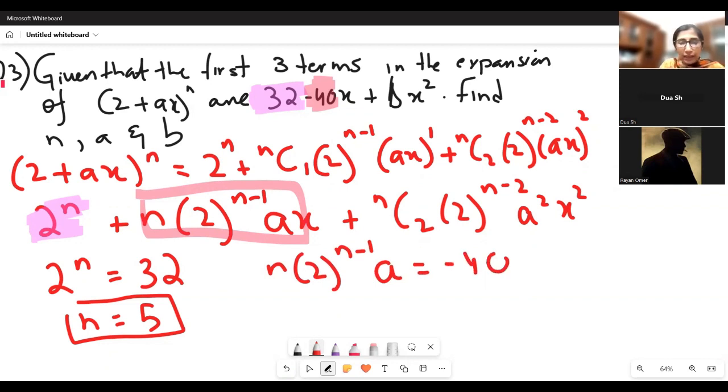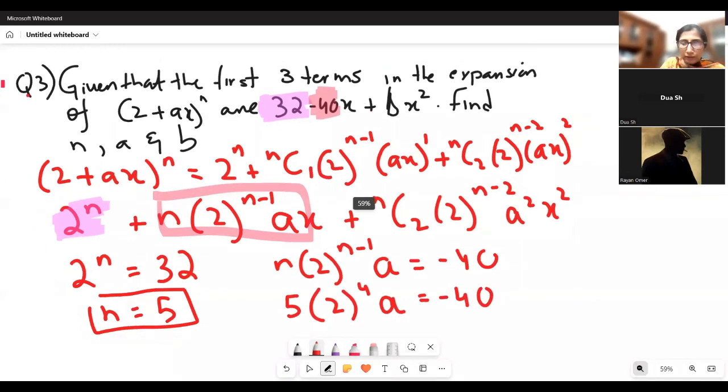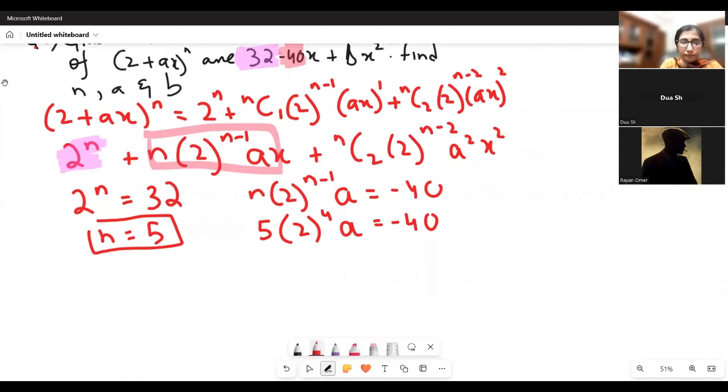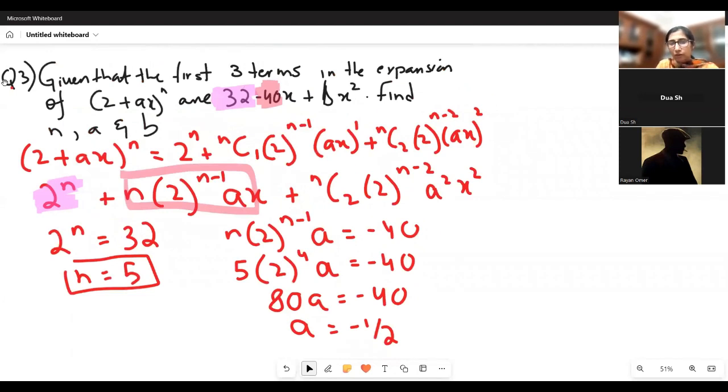We already know n is 5, so 5 times 2 power 4 times a equals minus 40. 2 power 4 times 5 is 80. So 80a equals minus 40, so a equals minus 1 upon 2. A is minus half.